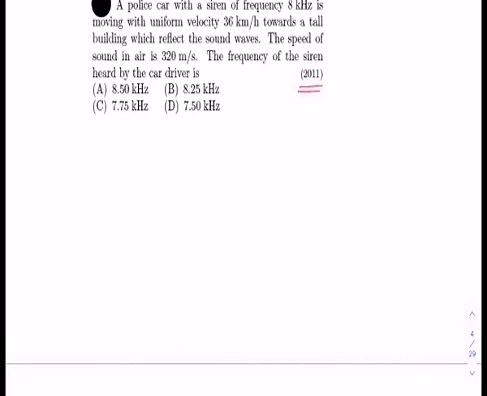So you are asked to find out the frequency of the siren heard by the car driver, where the car is actually moving. So the situation is actually like this. Say this is my car. This car is moving with some velocity u is equal to 36 kilometer per hour, and you can immediately see that this is actually nothing but 10 meter per second.